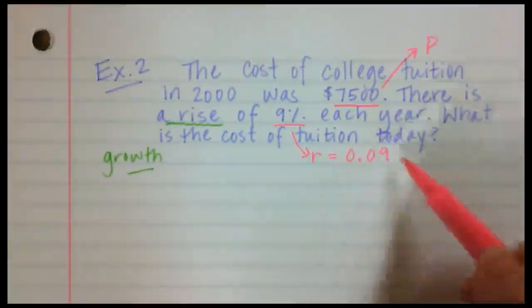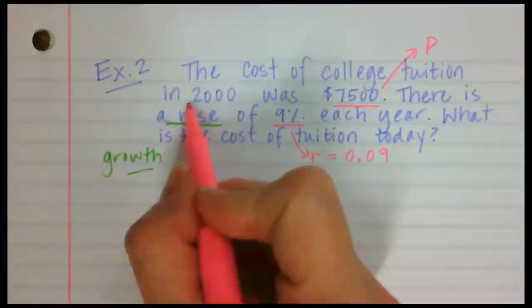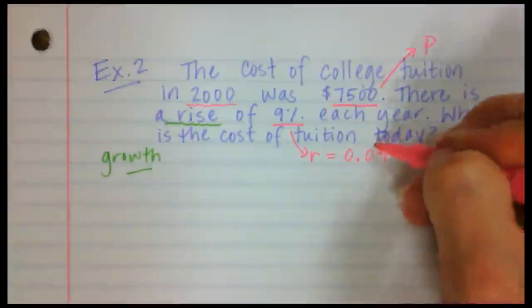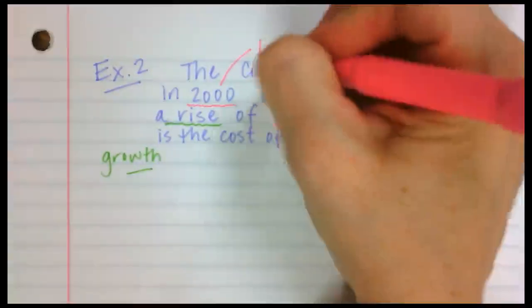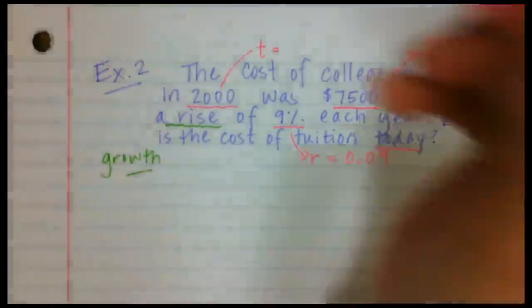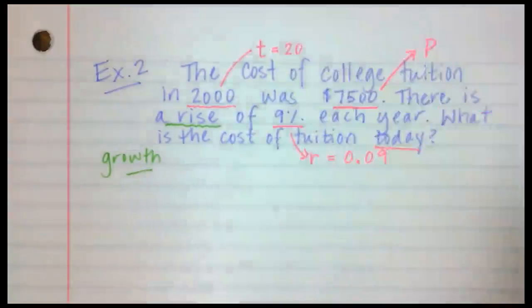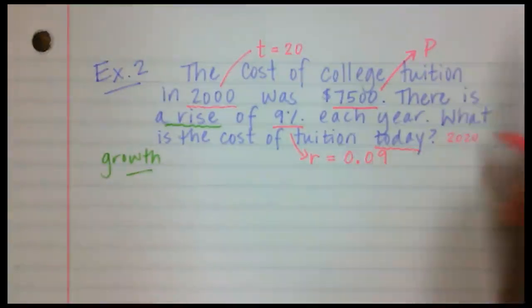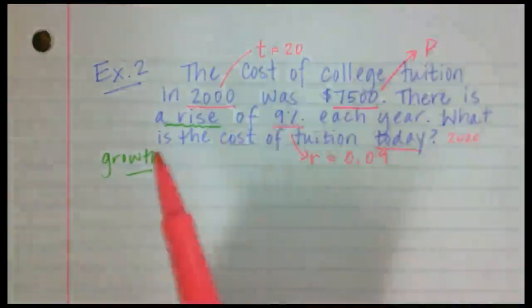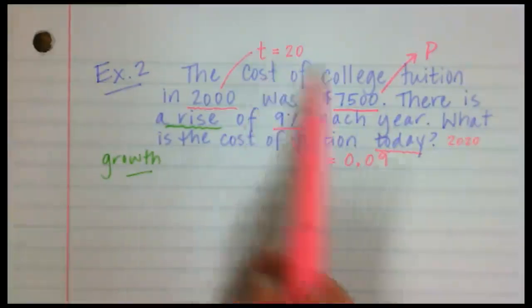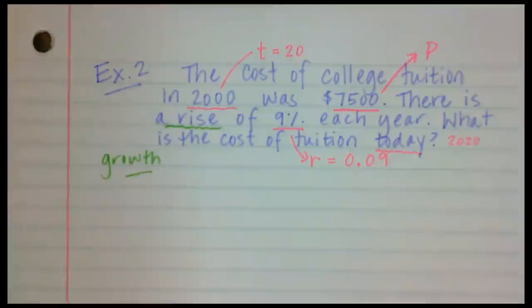Now it says the cost today, but we are going to use this 2000 and the fact that we're being asked for today to determine that the value of t is going to be 20, because this year is the year 2020. So in 2000, it was this amount. Now, 20 years later, that means our t is 20.